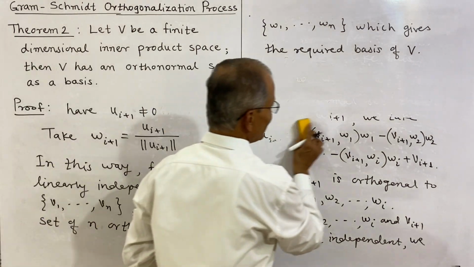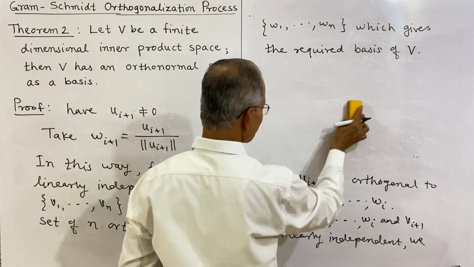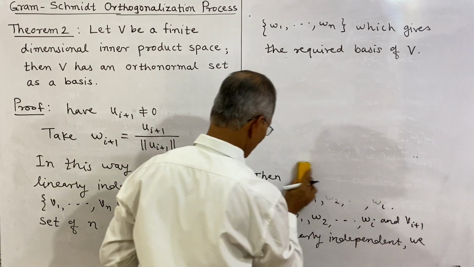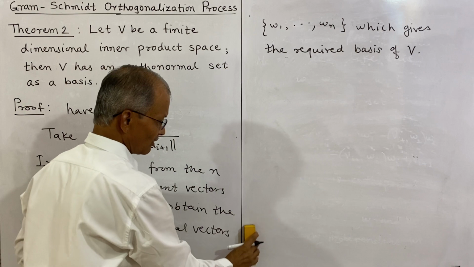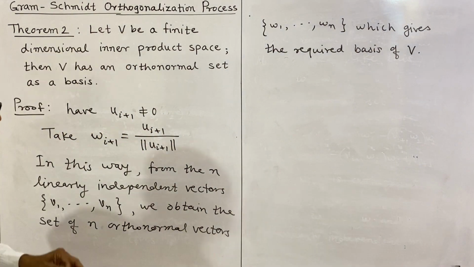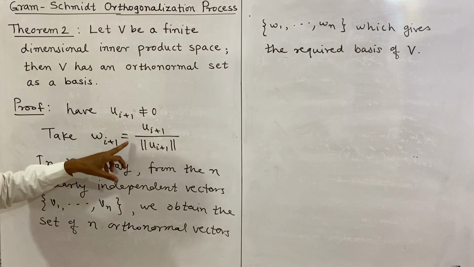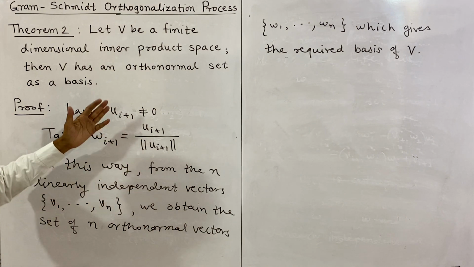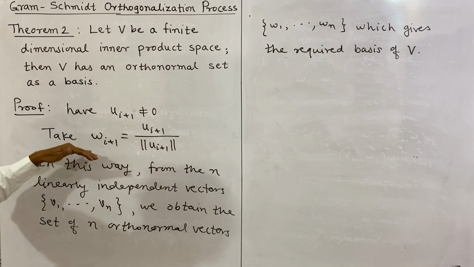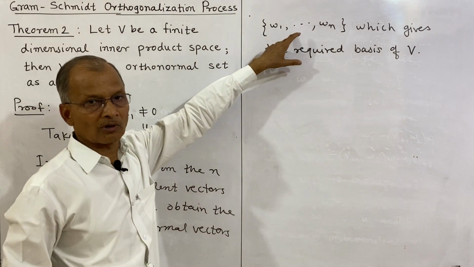So, we have obtained w1 as v1 divided by norm v1, w2 as u2 divided by norm u2, w3 as u3 divided by norm u3, and in general w_{i+1} as u_{i+1} divided by norm u_{i+1}, and every time the set remains an orthonormal set.